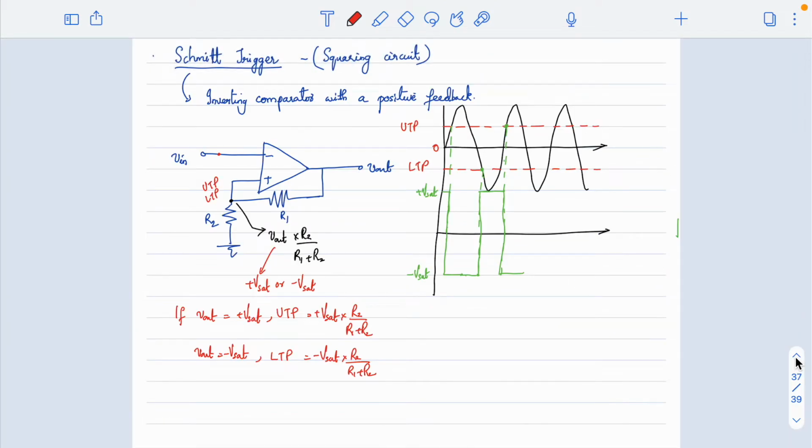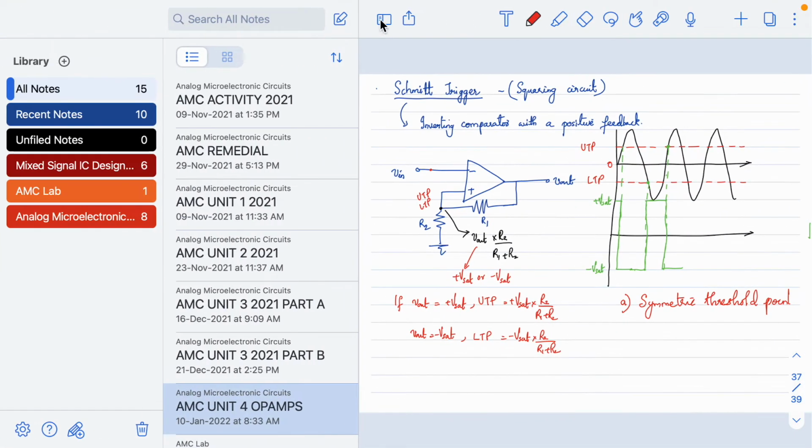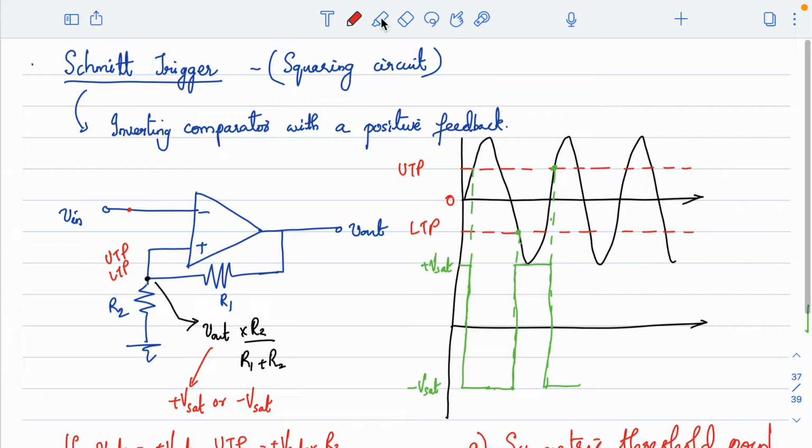So there are various headings under which we can study the Schmitt trigger. One is symmetric. Symmetric in the sense that if the UTP is plus 1, the LTP is minus 1.